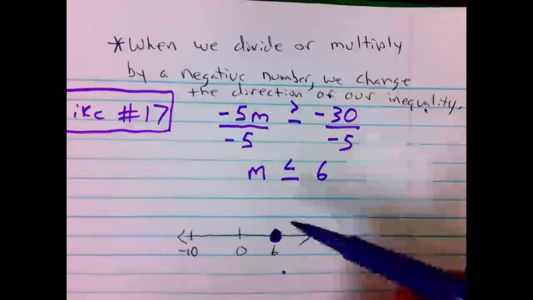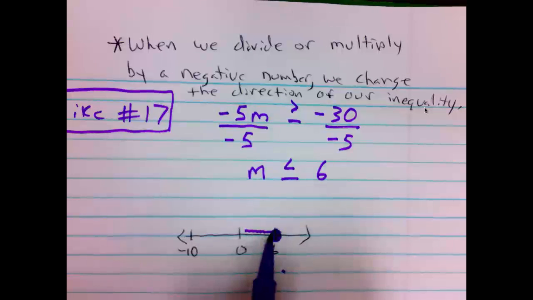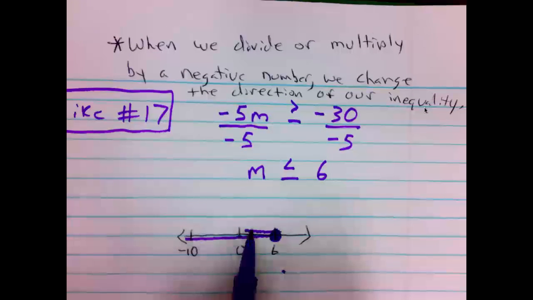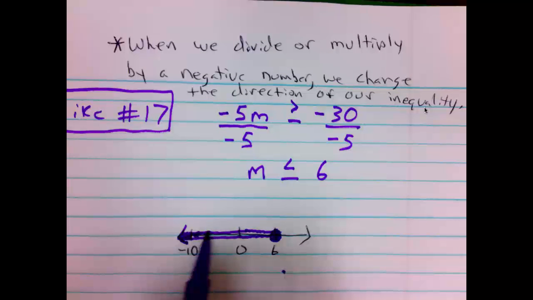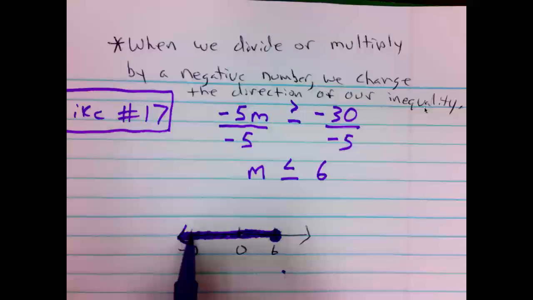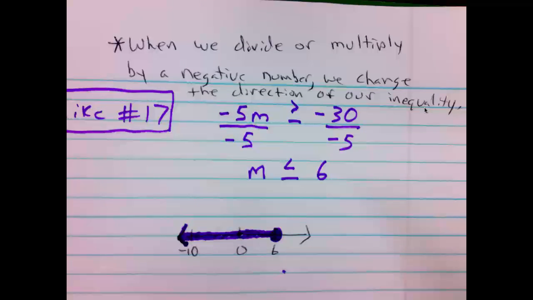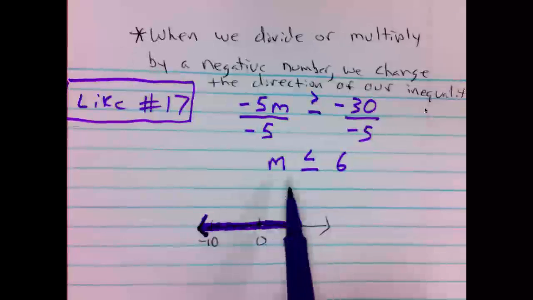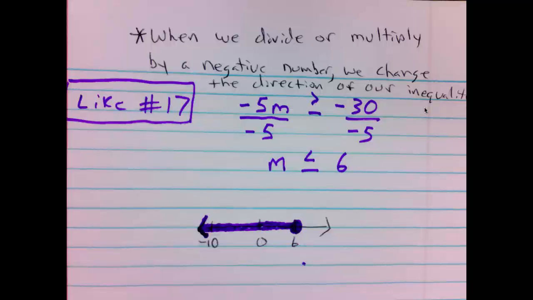Again, the inequality appears to be pointing in the left direction. It makes sense. Values less than are to the left. There we have it. M less than or equal to 6, starting at 6, colored in point, shading in the less than direction.